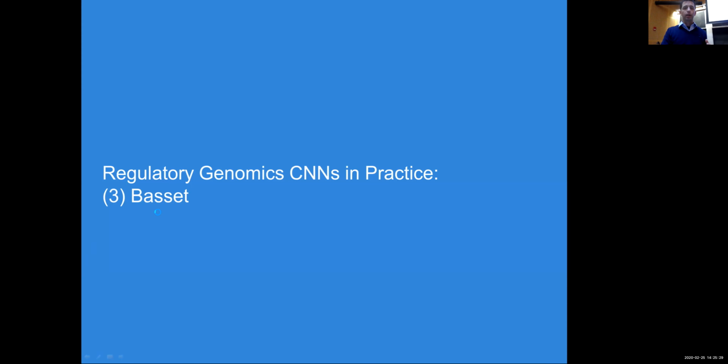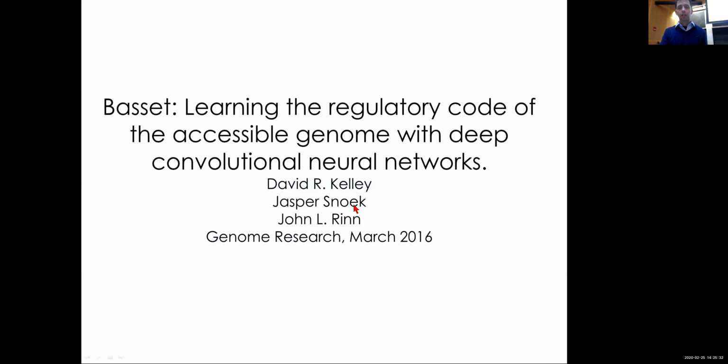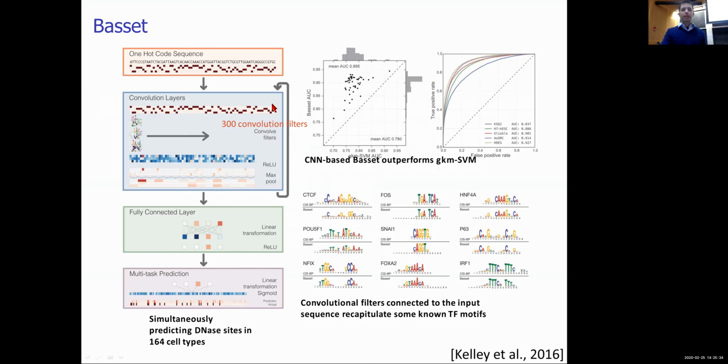And then maybe the most vanilla one, if you wish, the most perhaps elegant one, is Basset, which was developed here at the Broad by David Kelly and John Rinn's group. That was learning those convolutional filters in what would be the classic hallmark convolutional neural network. You're simultaneously predicting DNA accessibility sites in 164 different cell types. So you're sharing these convolutional filters across different cell types and applying them to this multitask prediction challenge, saying a small set of regulators are constantly reused across all of the different cell types of the body.